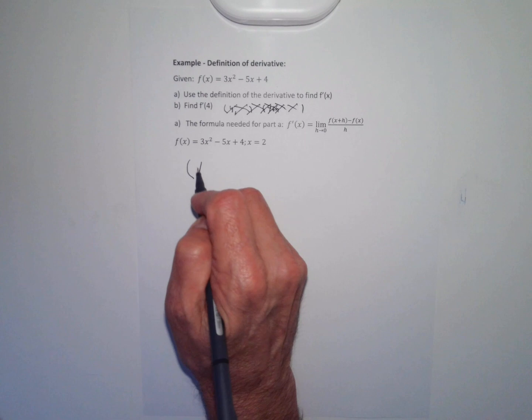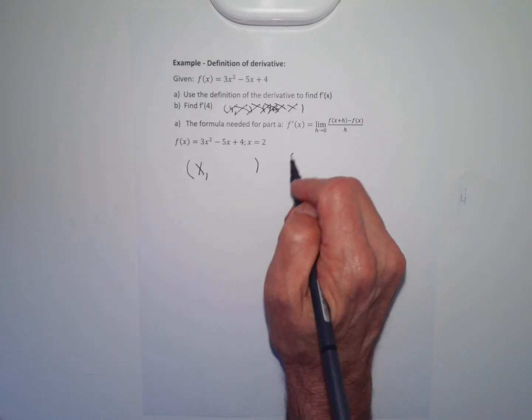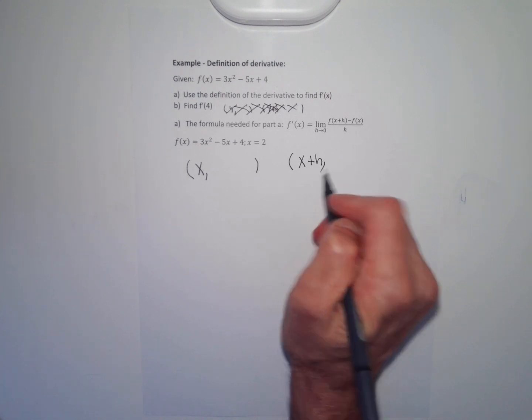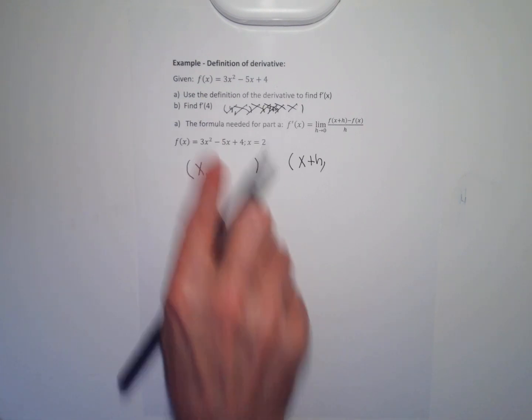The first point, in this case, is going to have a generic x as its x-coordinate. The second point is going to have x plus h as its x-coordinate. This is no different than the last section, other than now the number, like 4, is turning to x.